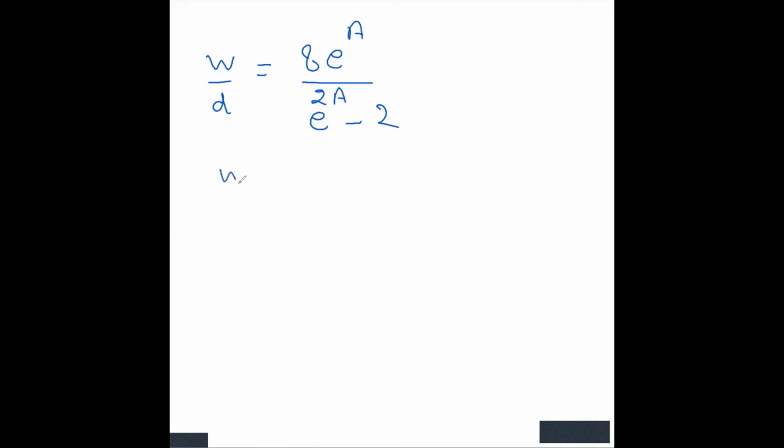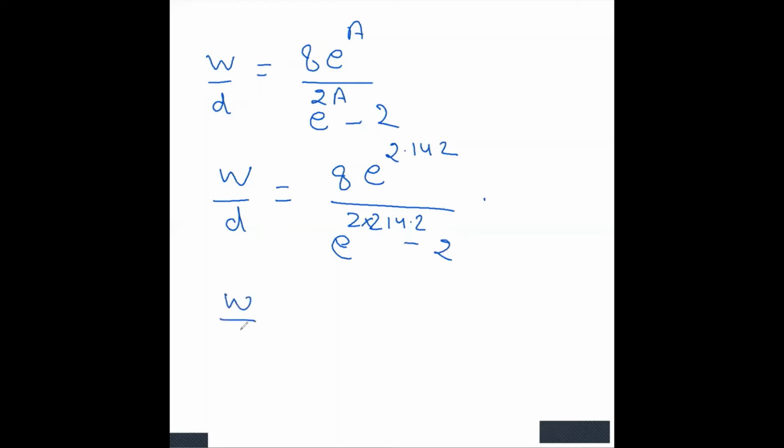So W upon D will be 8 e raised to the power 2.142 upon e raised to the power 2 into 2.142 minus 2.